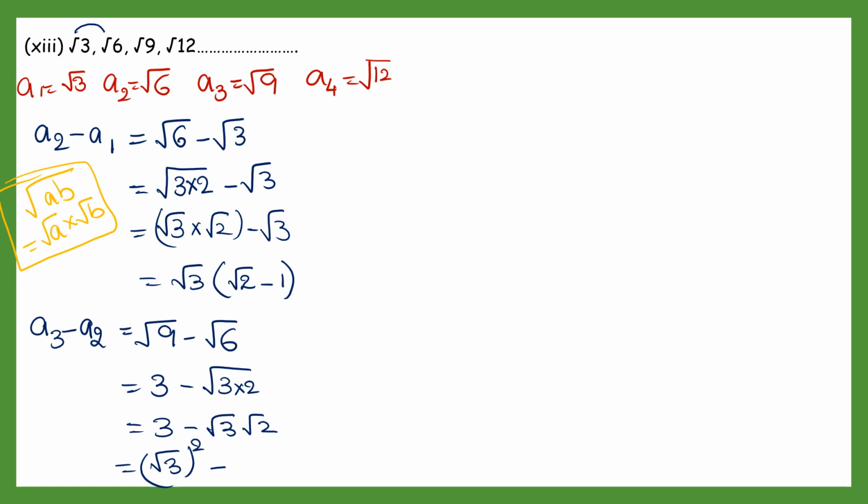Now 3 can be written as root 3 whole square, root 3 into root 2. I will take root 3 common again. So you get root 3 of root 3 minus root 2. If you observe, this difference and this difference are not the same.